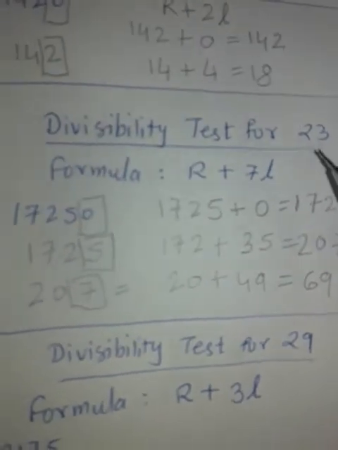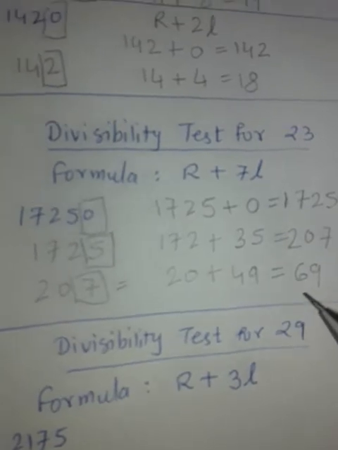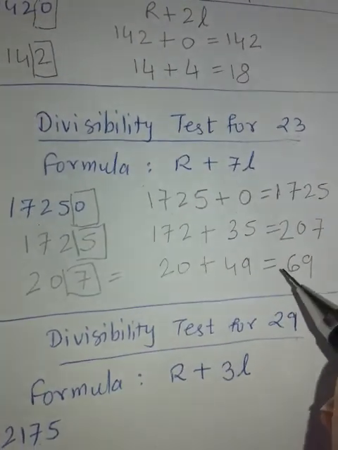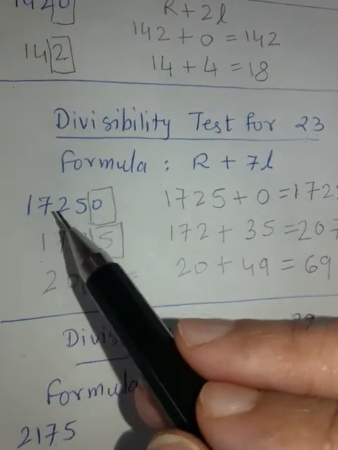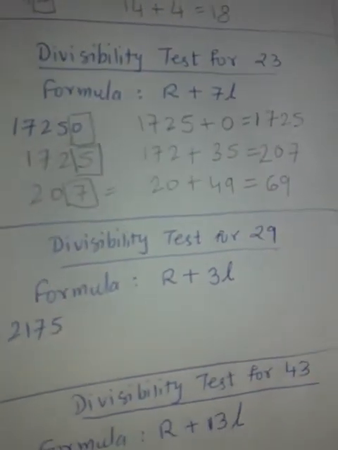So again you see, knowing table of 23 is important. 23 threes are 69, so this number is also divisible by 23. Since 69 is divisible by 23, original number 17,250 is divisible by 23.